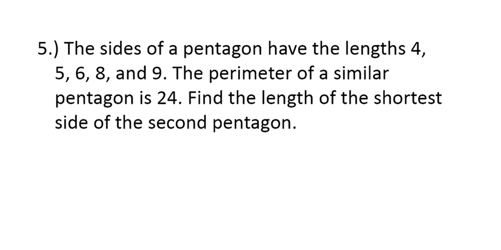All right, number 5 tells us we have a pentagon who has sides of lengths 4, 5, 6, 8, and 9. The perimeter of a similar pentagon is 24. Find the length of the shortest side of the second pentagon. So the first thing I notice about this problem is it's talking about sides and it's talking about perimeters.